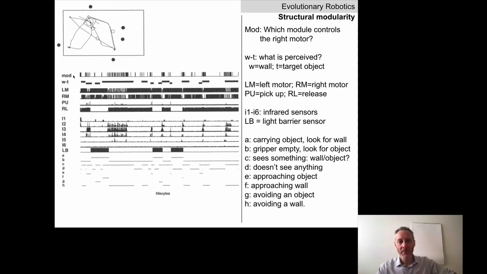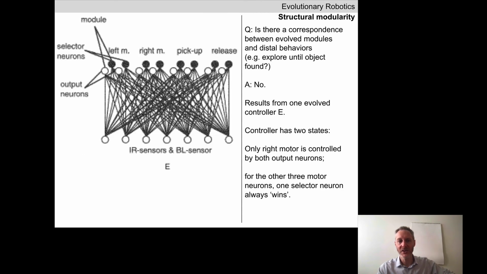Mod up here, mod is meant to represent which module controls the right motor. As I mentioned before, the relative values of the two selector neurons assigned to the right motor, they are altering. One of them is higher than the other from time to time. But in the other cases, it's always one that's higher value than the other.